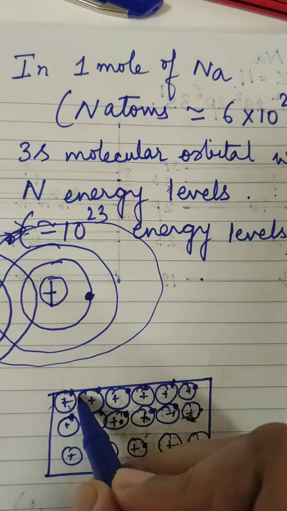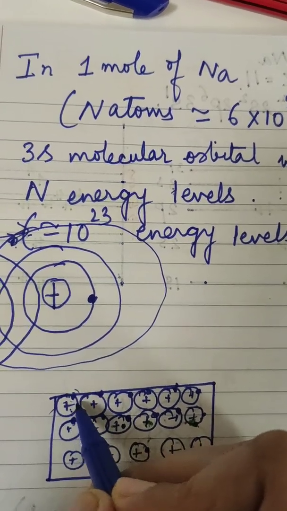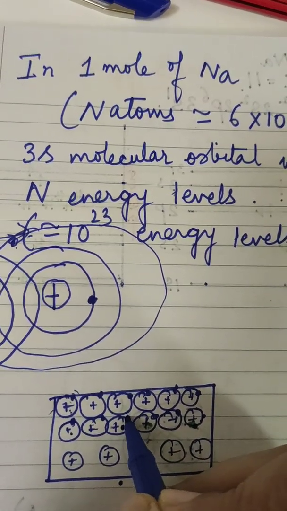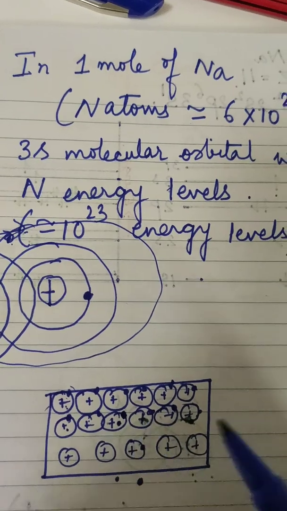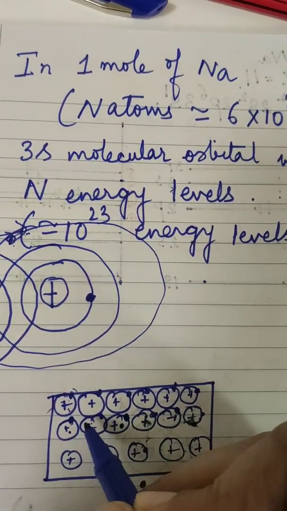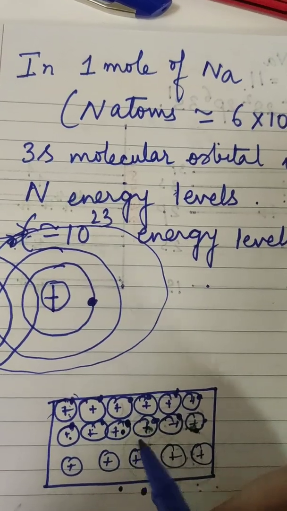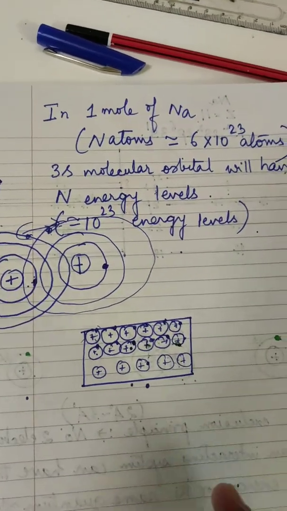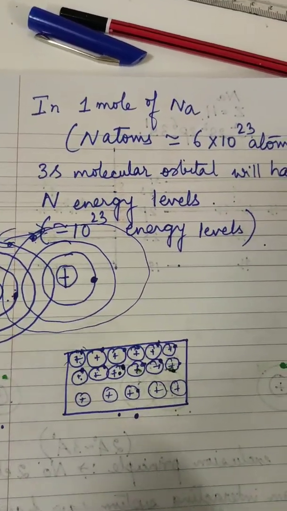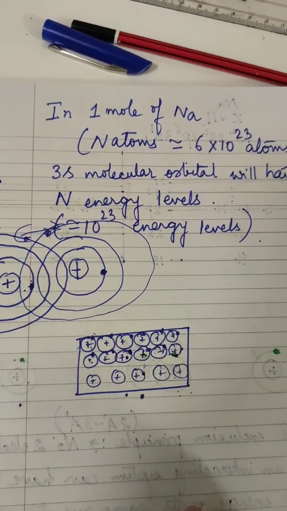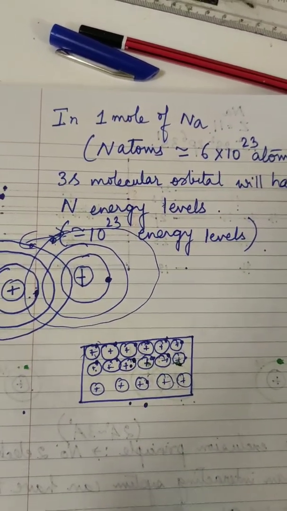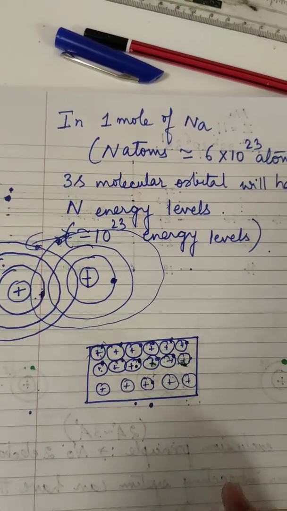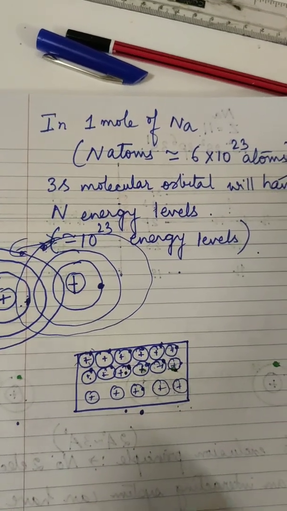So this electron will undergo interaction with neighboring electrons and nuclei differently. Each electron will have its own unique way of interaction with other electrons and the nuclei of other atoms. So no two electrons in any orbital will have the same energy.